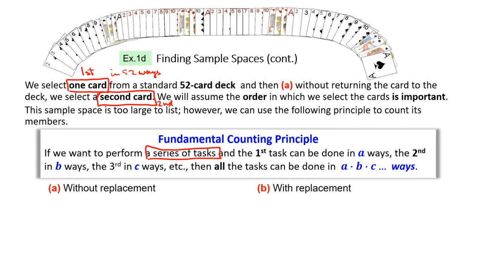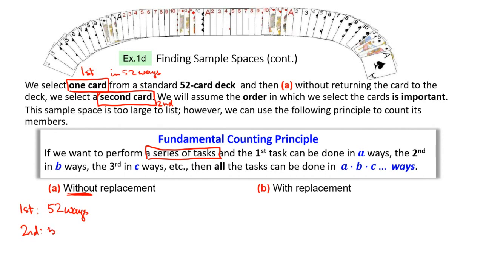Let us consider 2 situations. We draw the second card without replacement, or we draw the second card with a replacement. First stage, we draw the first card. 52 ways to do it. Second card, without replacement, means we have only 51 cards left.